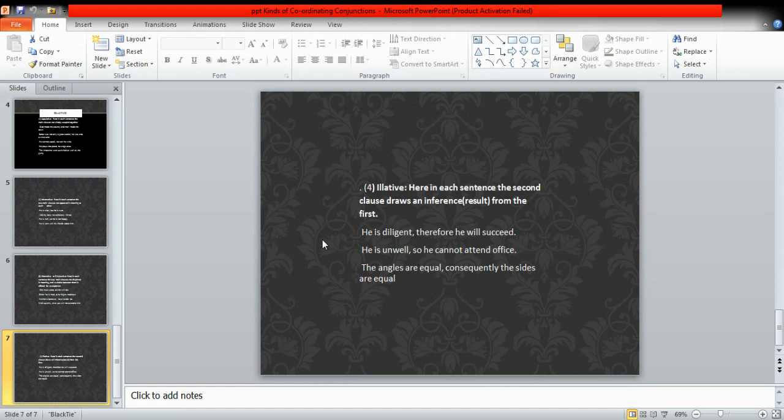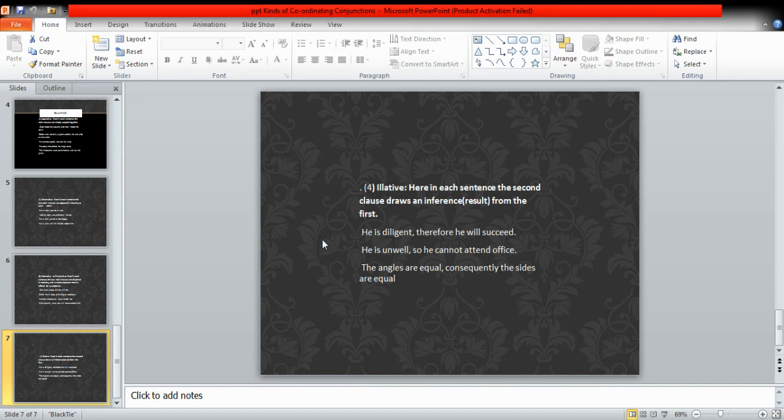So the words therefore, so, consequently, if they are underlined over there in the paper, they would be acting as illative conjunctions. Why? Because they are simply giving us the result. They would always be there in the second clause, and they are simply giving us the result of the first clause. This is the reason that they are called illative conjunctions.